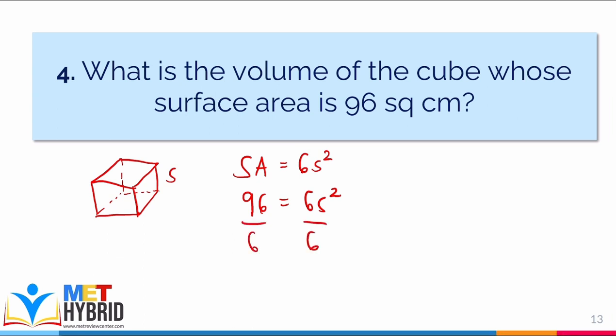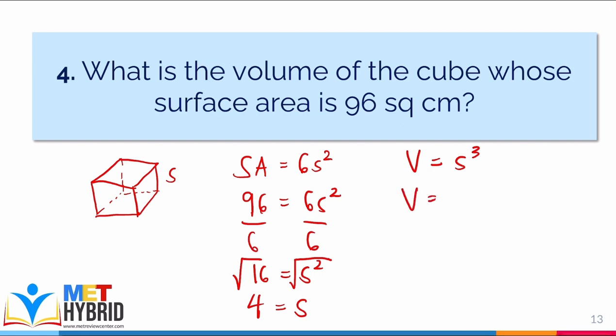Divide both sides by 6. We get 16 equals s squared. Extract the roots. S therefore is 4. Now we solve for the volume of the cube using the formula V equals s cubed.